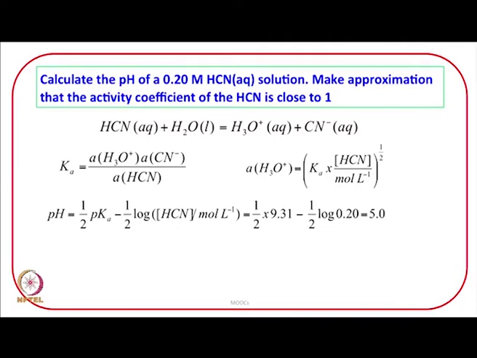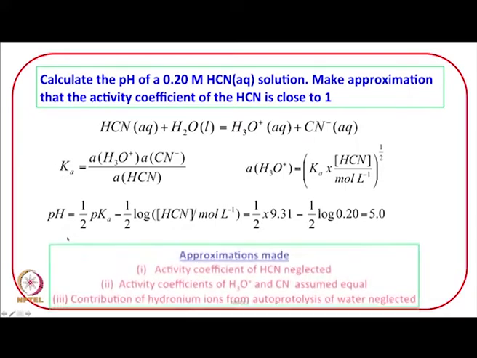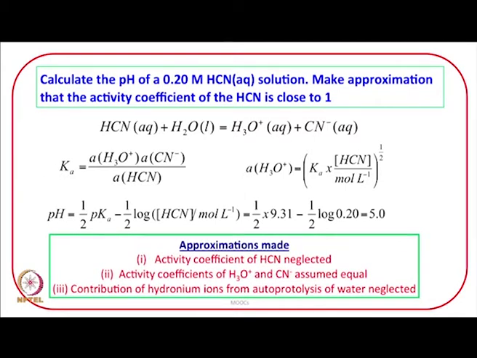As I said, for elementary chemistry, these calculations may be okay, because in these calculations we have made assumptions. And what are those assumptions? Let us take a look. The given information was to make the approximation that the activity coefficient of HCN is close to 1. So first, the activity coefficient of HCN is neglected.